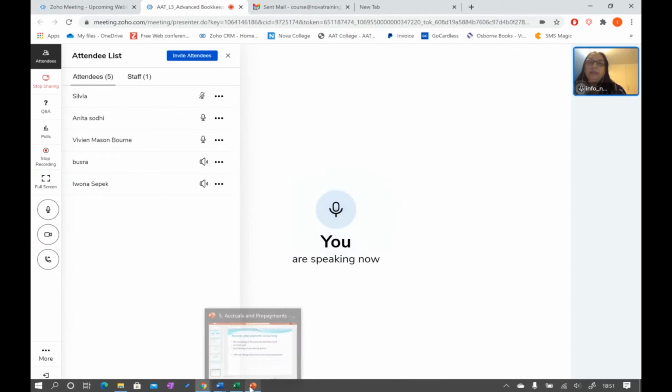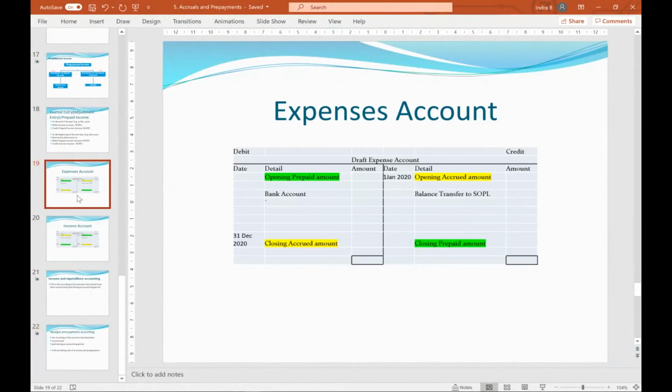Of that table, just try to understand what I'm trying to show. This is a draft expense account which you may use as a shortcut in the exam. Okay, so you will be given one of these yellow figures and one of these green figures. They'll show you what was the opening balance, what was the closing. Sometimes you may have just one of these four. But normally in the business we have some accrued amount or prepaid amount for the expenses.